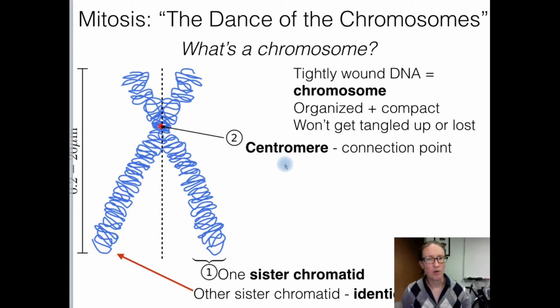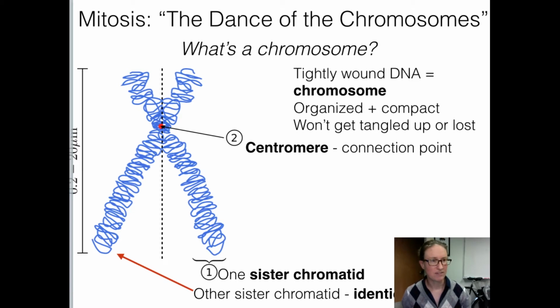These two pieces of DNA, there's two arms to it. So each arm is referred to as a sister chromatid. And so each of these sister chromatids is identical to the other sister chromatid that it is attached to. So two sister chromatids make up a chromosome, and each sister chromatid is its own piece of DNA.